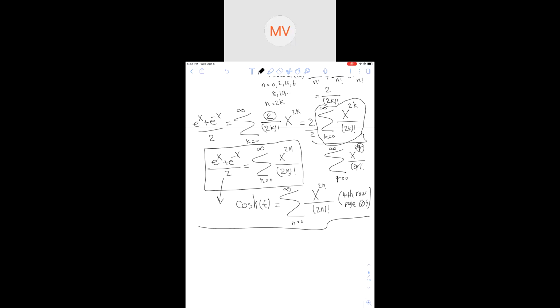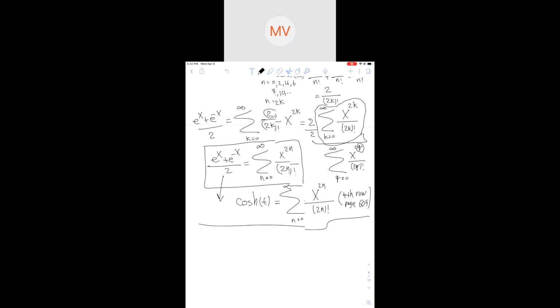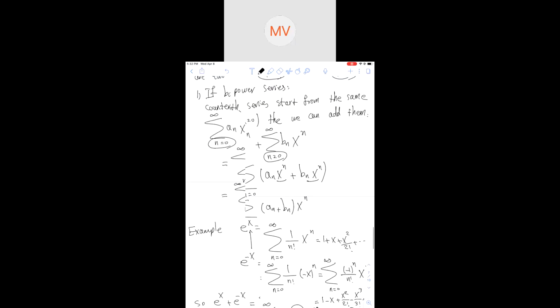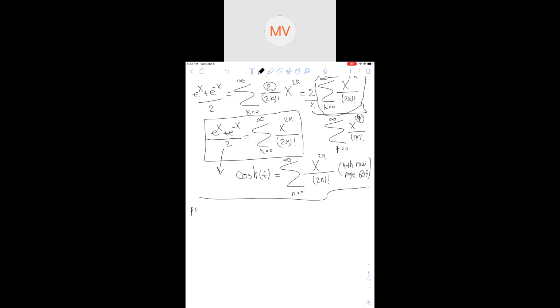We said we can add two series. You can also multiply two series. I'm not going to mention it now. We can also divide two series. We don't need that one either. But here's one important thing. So that was part 1 of that theorem. So this is part 2 of the same theorem.